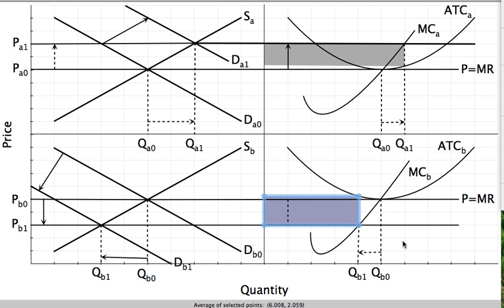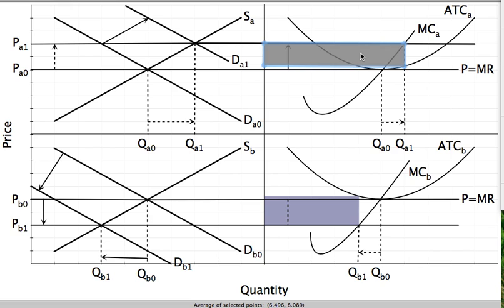the losses. So what's going to be the long run implication of the profits for the firms making good A and the losses for the firms that are making good B? Remember that in perfect competition, the profits and losses act as incentives for entry or exit.